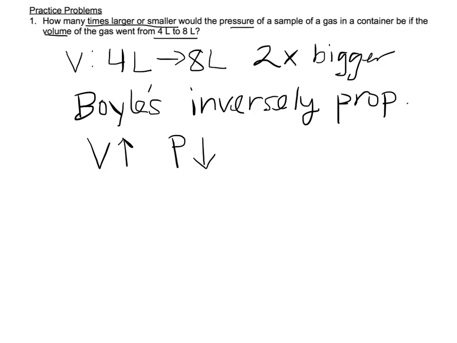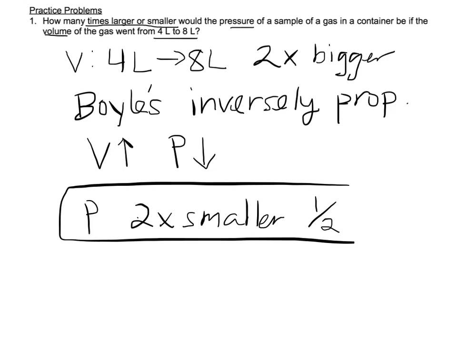So if the volume gets 2 times bigger, like we have up here, then that means our pressure has to decrease by the same amount or get smaller. So the pressure is 2 times smaller, or it decreases by 1/2. Okay?